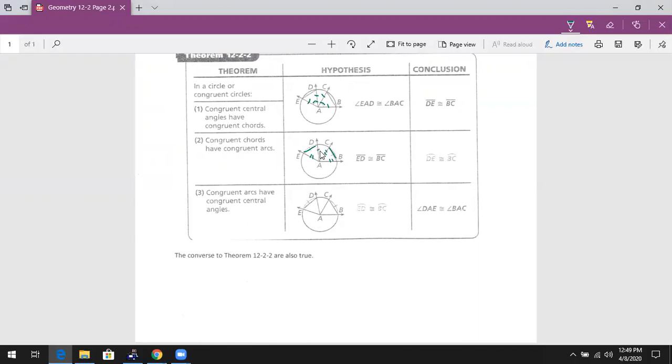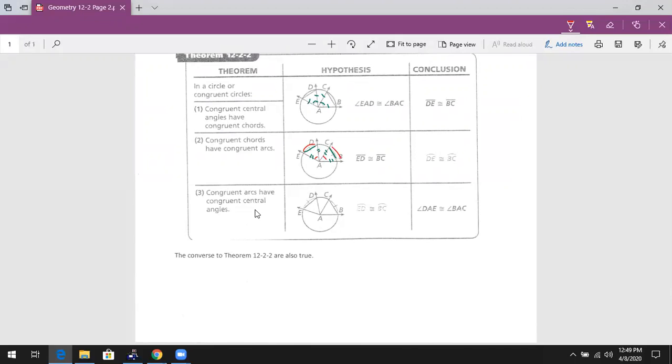That makes these triangles congruent by side side side. Corresponding parts then are the same. The corresponding parts that matter to me are this angle and this angle. And if those angles are the same, then so are their corresponding arcs. And so if you have chords congruent, you have arcs congruent.